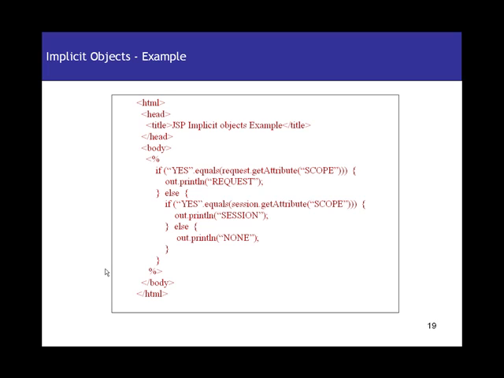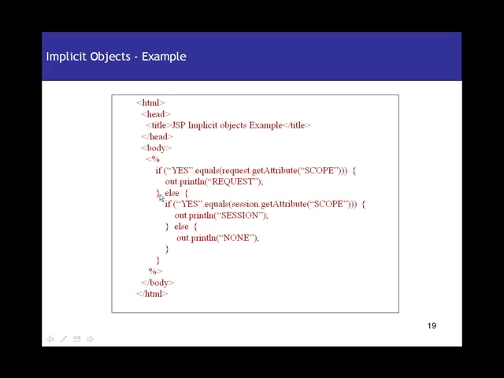As you know, in JSP, whenever you want to write a Java program or you want to put in Java code, you use these scriptlet tags, right? So this is my simple JSP page where in the body of the JSP page I am using a scriptlet and I am checking whether the value of the attribute scope is equal to yes or not, right?